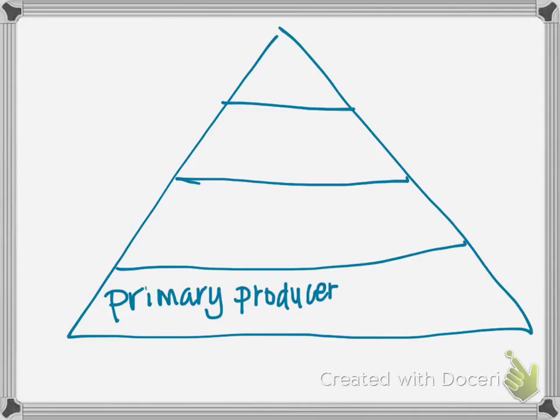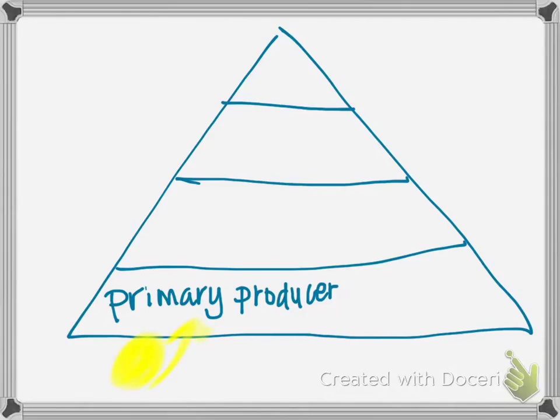These are the organisms that get energy from the sun and they feed everyone else. So we definitely want to keep it where we have more producers than we do consumers. That's important. Here's the sun providing the energy for the producers.